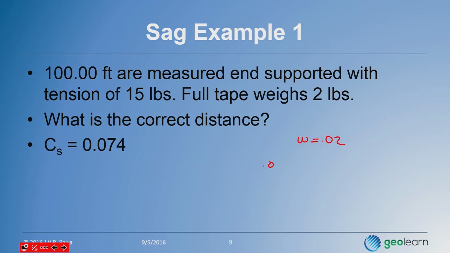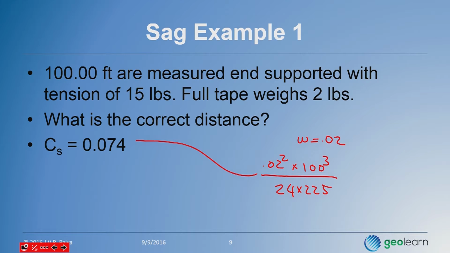So it'd be 0.02 squared times 100 cubed over 24 P squared. And the tension is 15 pounds, so that would be 15 squared is 225. And that number works out to be 0.074.